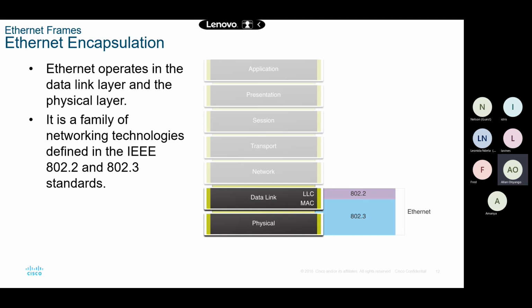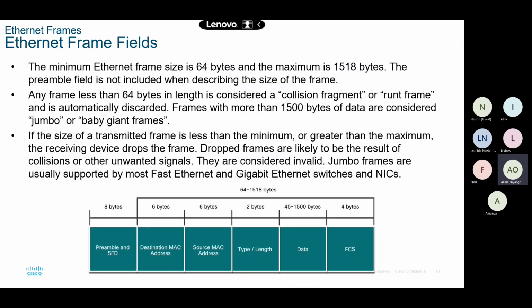And so it's important to look at the Ethernet frame, a frame that is specifically for the Ethernet technology. Now, what is important to note here, number one, is the minimum size of a frame and the maximum size of a frame.